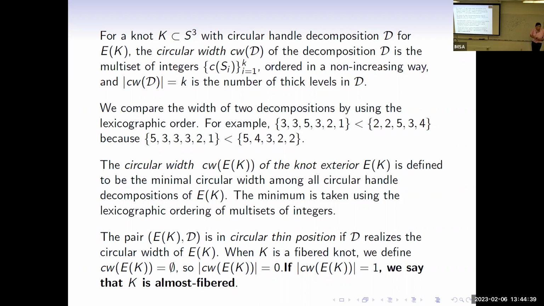So for an almost fiber knot, we mean that we have a knot, a surface, and then add H1, and we get a thick surface, and then H2. If this decomposition is the minimal decomposition, we say that it is almost fiber.